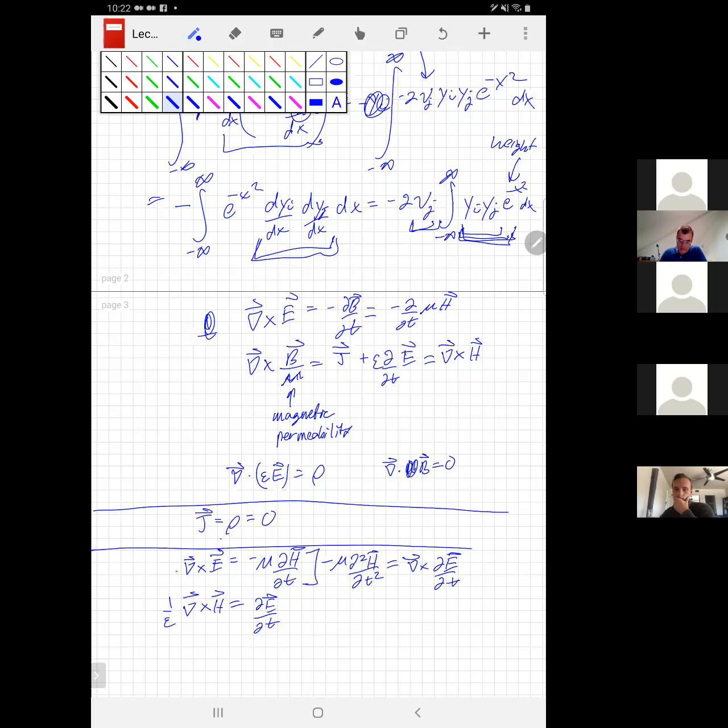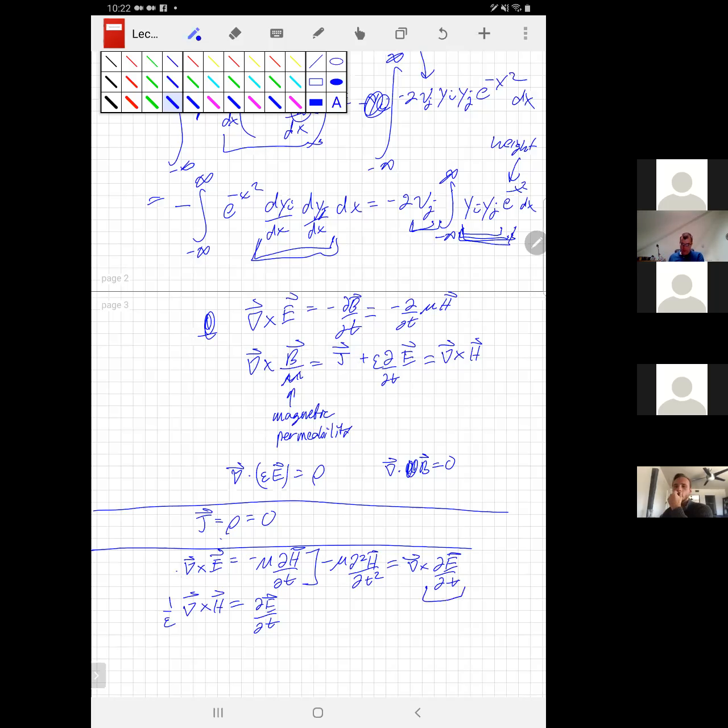And I'd be saying, why isn't it the time derivative of the curl? Because when you're taking derivatives with respect to two independent variables, we can swap the order. We can either take a time derivative and then a space derivative, or a space derivative and then a time derivative.